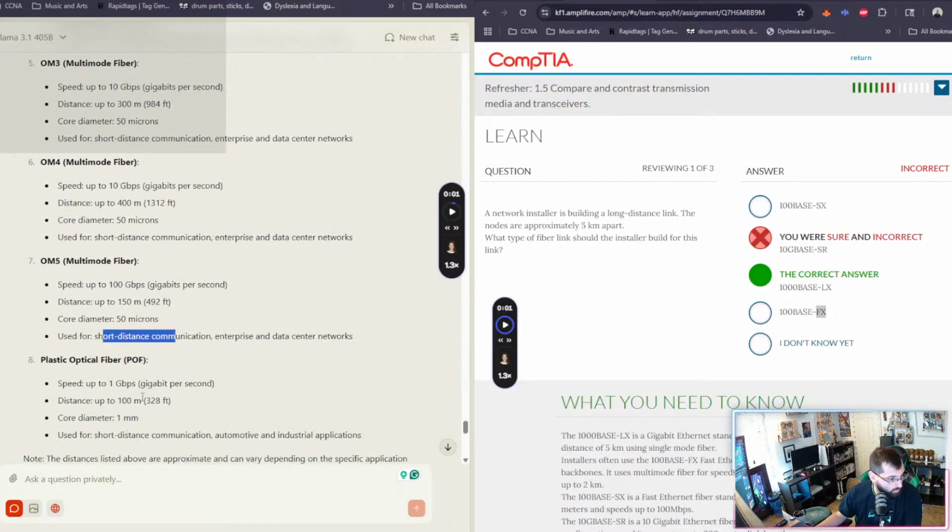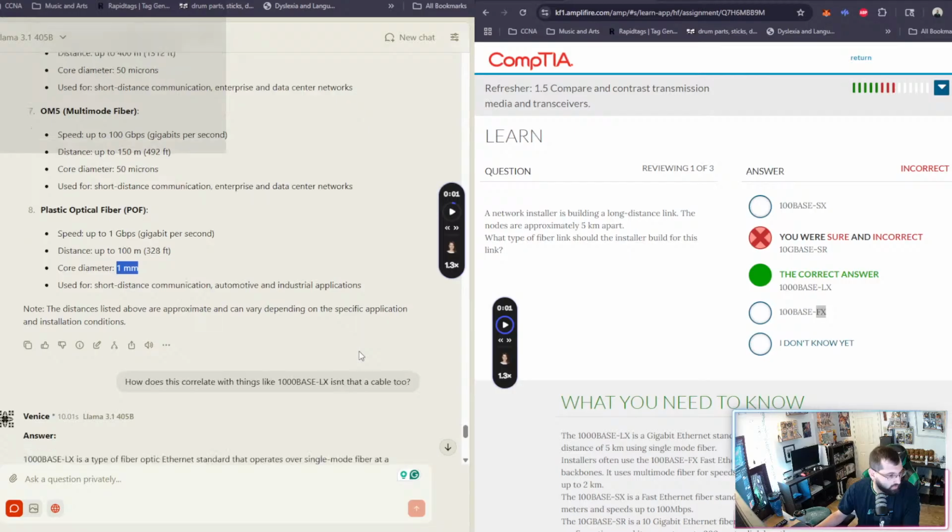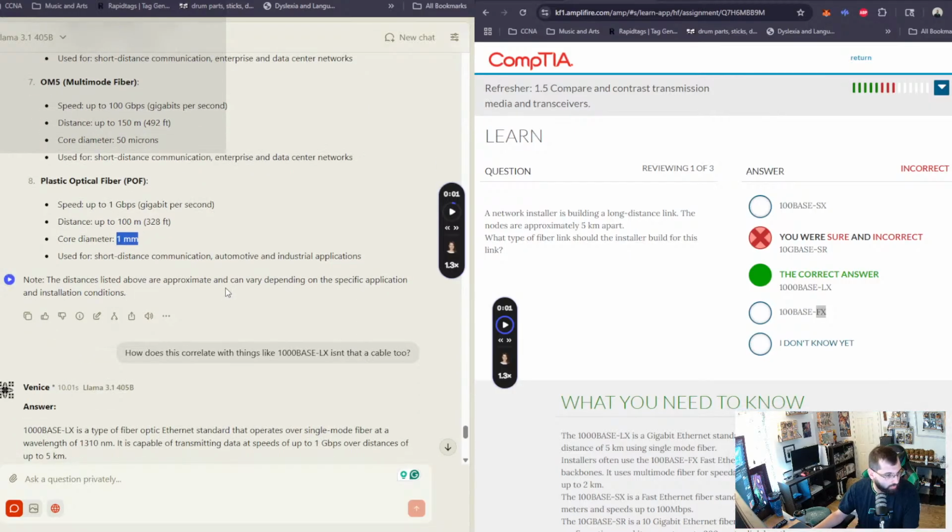All this multi-mode is short distances. What about this? Speed up to 1 gig, 1 millimeter. Dang. Note the distances listed above are approximate and can vary depending on the specific application and installation conditions. Okay, cool.